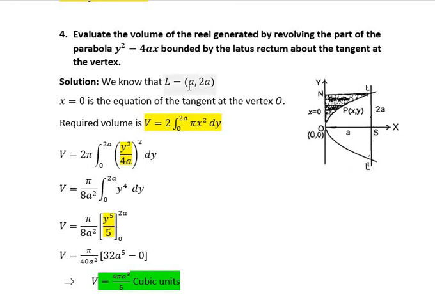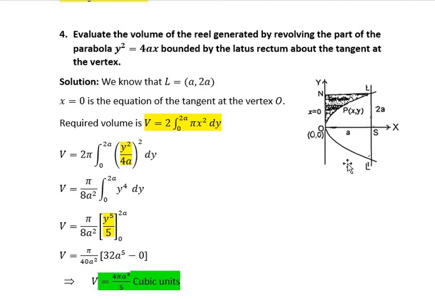So we denote L is equal to a comma 2a, and x is equal to 0 is the equation of the tangent at the vertex. So we are evaluating this problem along with the y axis. Y is varying from 0 to 2a along this curve.